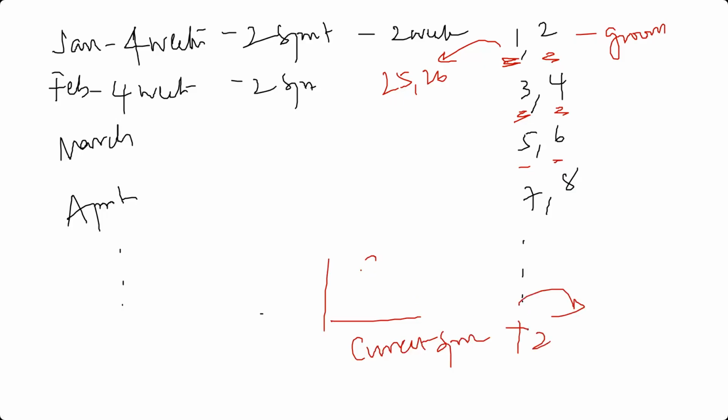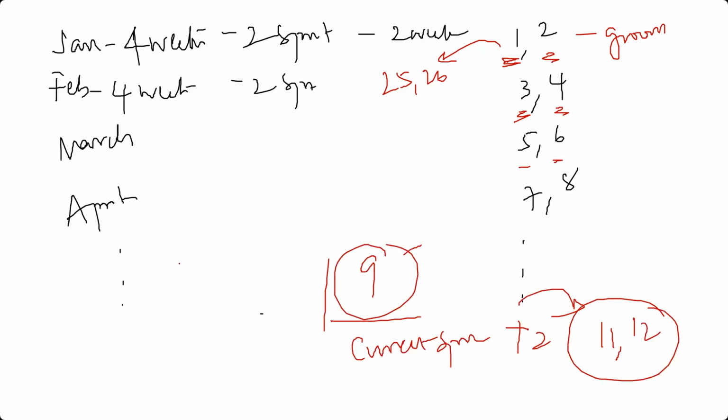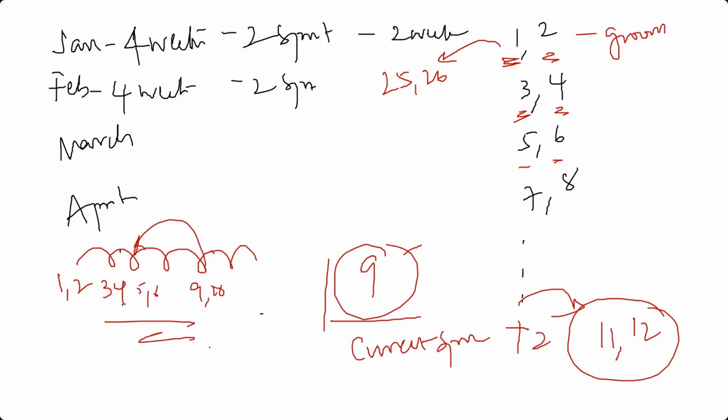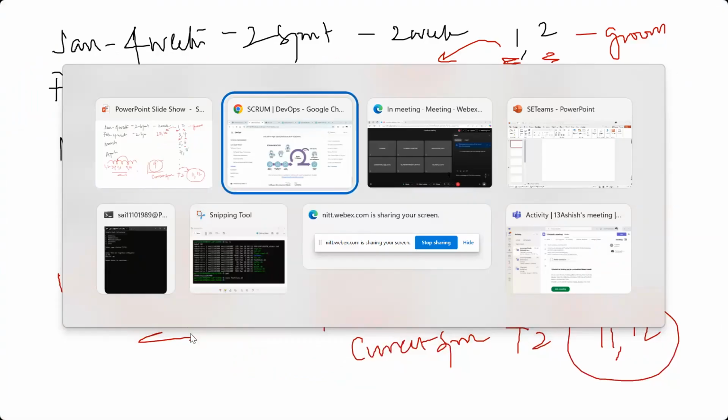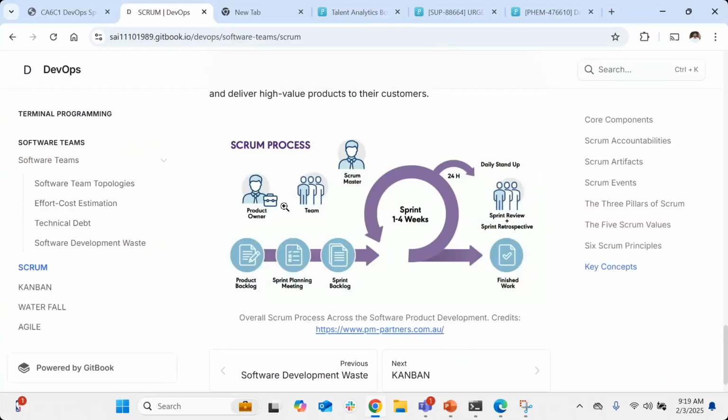Imagine your current sprint is 9. The stories of sprints 11 and 12 are groomed in sprint 9. That is how you know it is cyclic in nature. So when you are in sprint 1 to 6, the stories of 9 and 10 are groomed way ahead. This is how typical sprints are groomed.